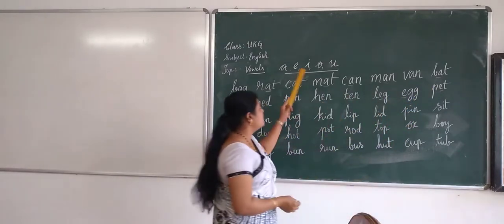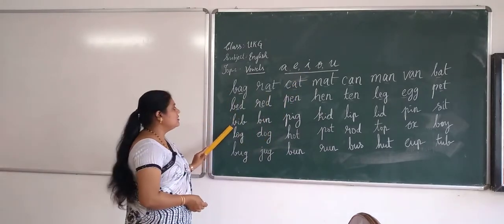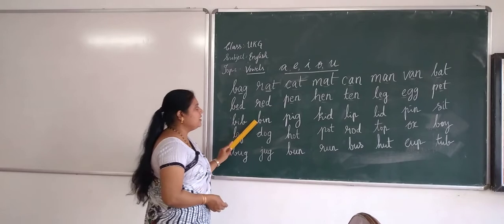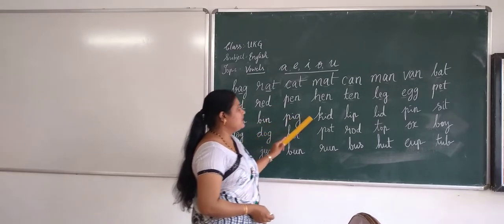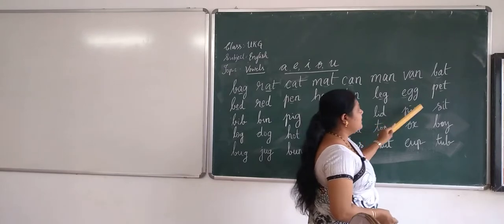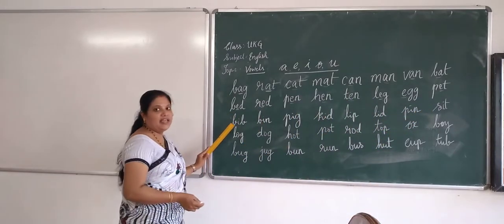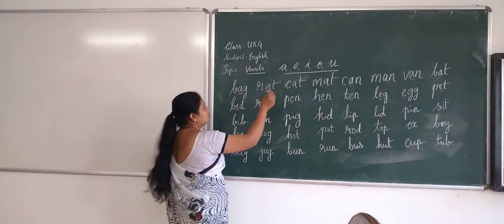See the third one, I. How do you say it? See here: bib, bin, pig, kid, lip, lid, pin, sit. That is the I sound.